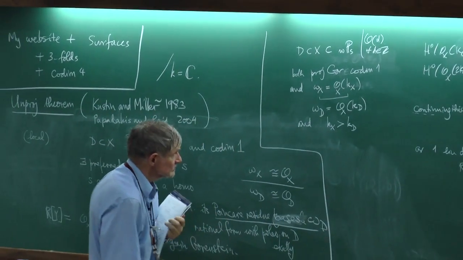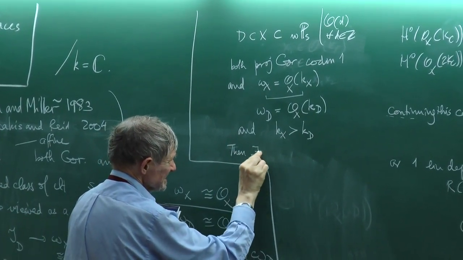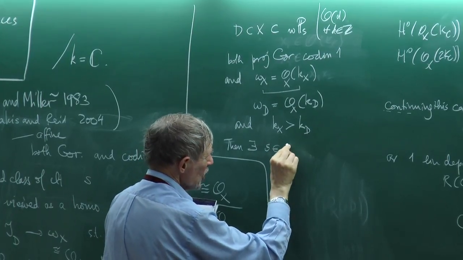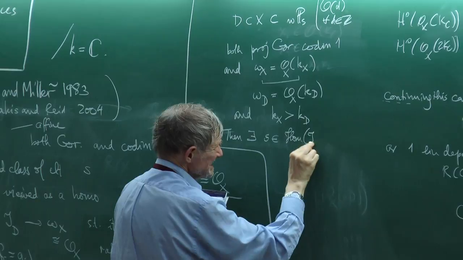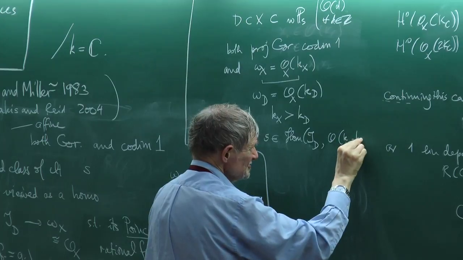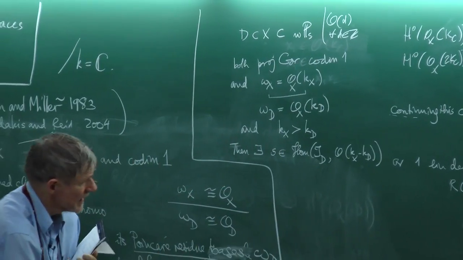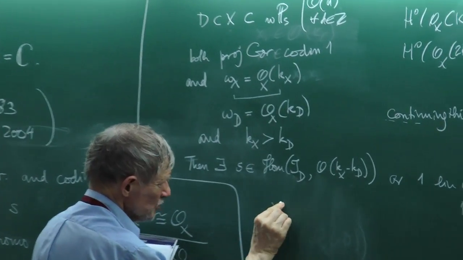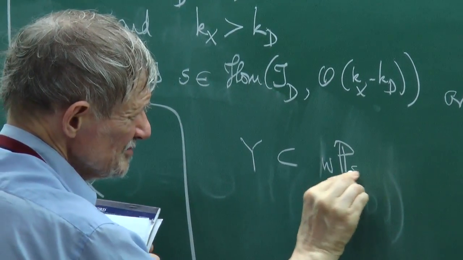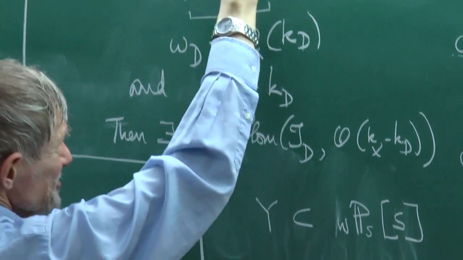Then there exists an S in Hom of ID, O of KX minus D. So I can think of this as a rational form with poles along D. And if I do Y inside weighted projective space adjoined S, I don't want to introduce all the notation here.